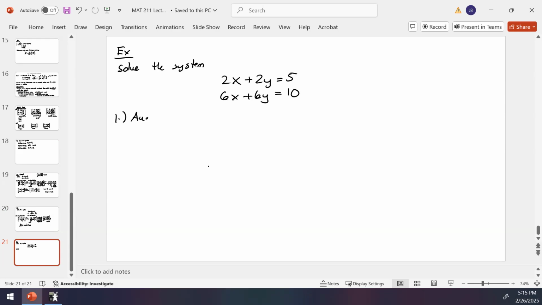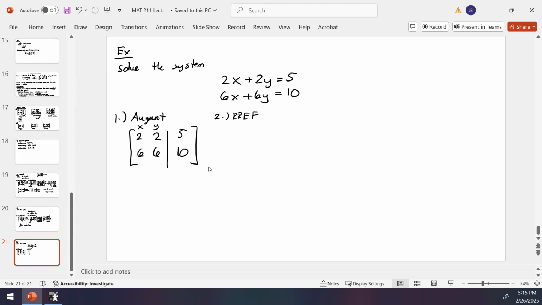Step 1, augment. So I'm going to augment 2, 2, 5, 6, 6, and 10. X, Y, like that. Step 2, RREF. So you will have to row reduce this all the way because you are going to be doing an extra step after it.